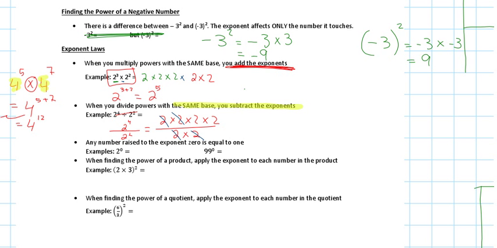I only have 2 times 2 on the top. What's 2 times 2 if I want to write it as an exponent? I'm going to try with a letter because it might make more sense.